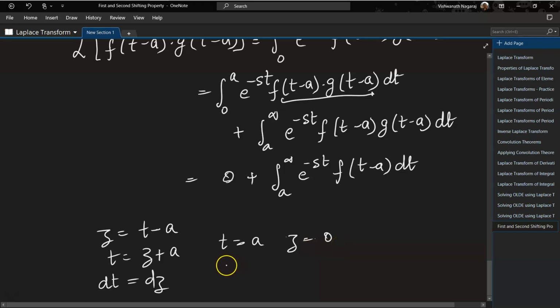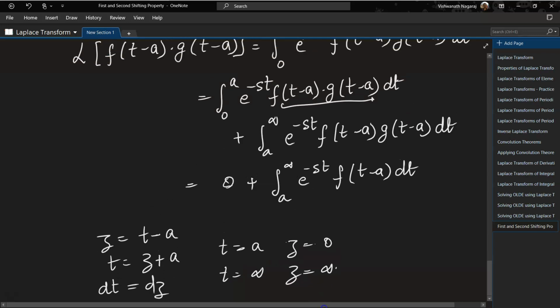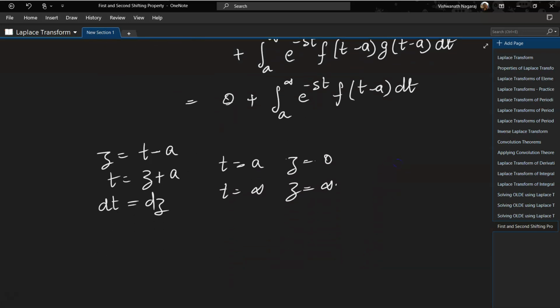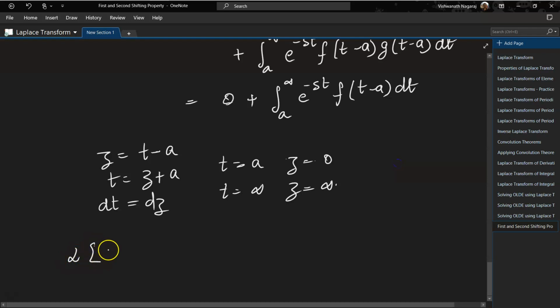And when t is equal to infinity, z is equal to infinity. So if we do the substitutions, we get Laplace of f of t minus a times g of t minus a is equal to integral, 0 to infinity of e to the power of minus s, and t is z plus a.